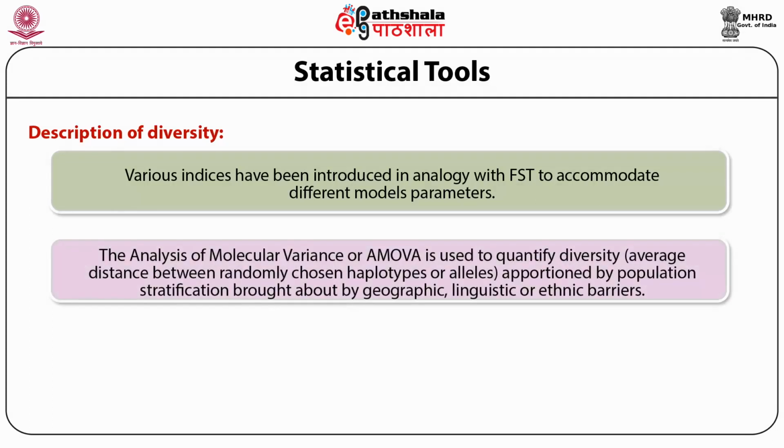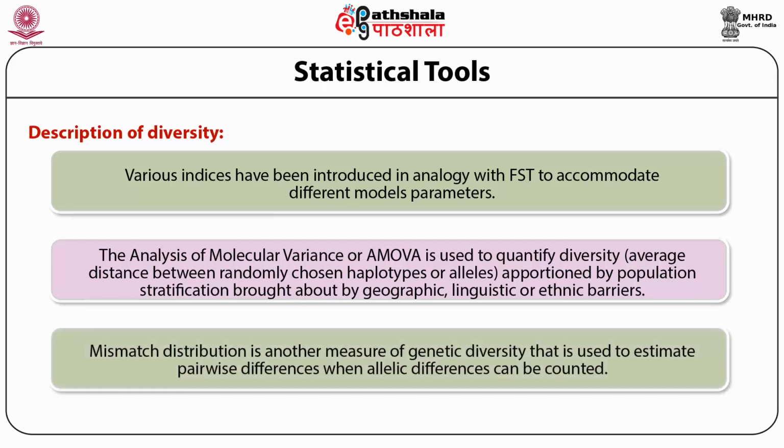The analysis of molecular variance, known as AMOVA, is used to quantify diversity, that is, average distance between randomly chosen haplotypes or alleles apportioned by population stratification brought about by geographical, linguistic, or ethnic barriers. It is also used as a measure of population differentiation.